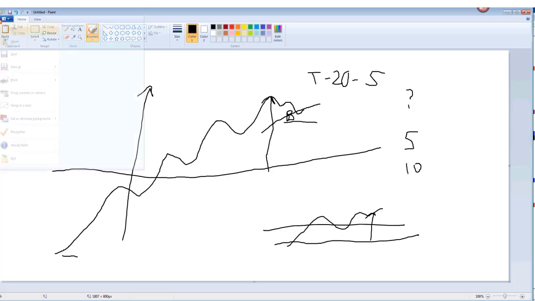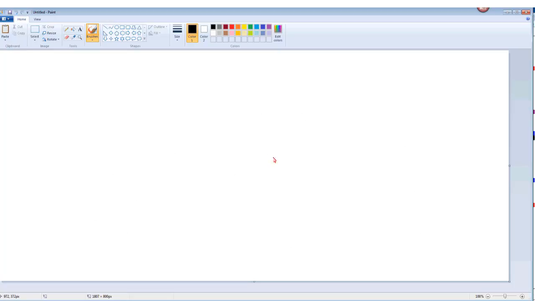On a normal day, let's say we've got a bull trend and prices begin to decline. The decline in general is going to hit, if it's really tight, anywhere between 5 and 10 cents.